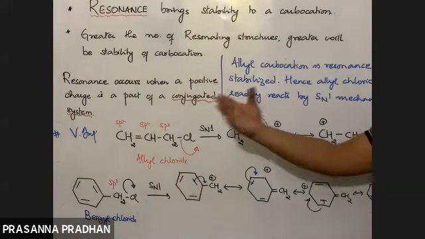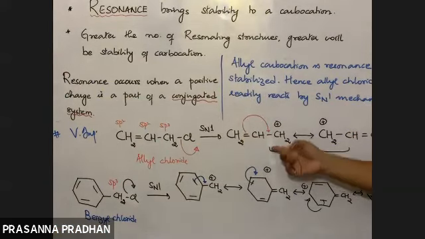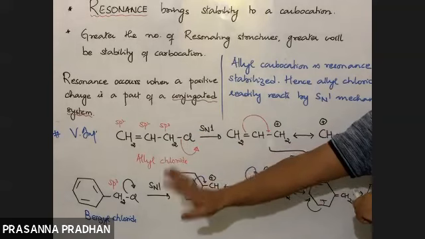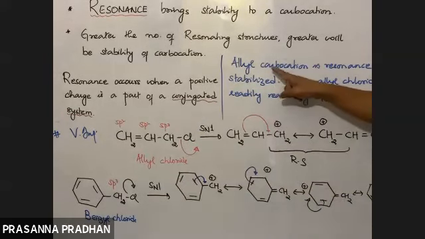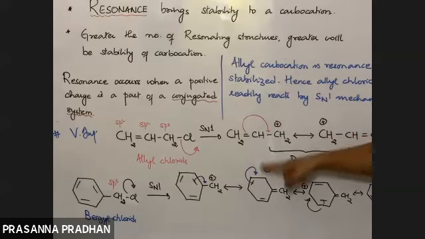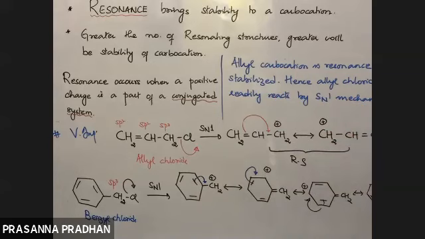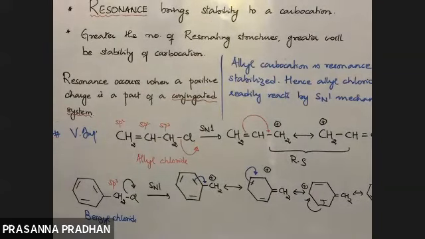So, 2 expected questions from resonance. Although allyl chloride is a 1 degree halide, it readily undergoes SN1 mechanism. Reason: allyl carbocation is stabilized by resonance. Second question, although benzyl chloride is an example of a 1 degree halide, it readily undergoes SN1 reaction. Reason: the benzyl carbocation is stabilized by resonance. So benzyl chloride readily reacts by SN1 mechanism.